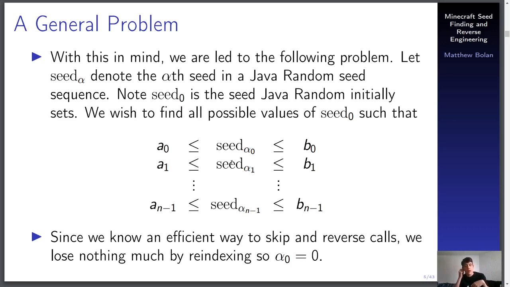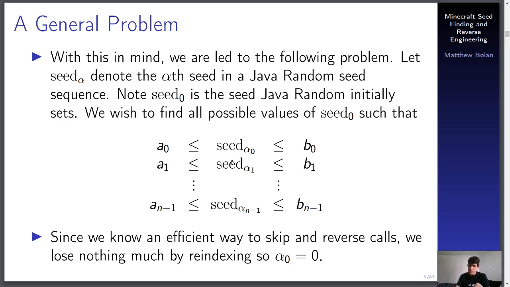So just let seed sub alpha be the alpha-th seed in a Java Random sequence. Why did I name it alpha? Anyway, in this, we're going to take the convention that seed sub 0 is the seed that we initially had Java Random set itself to.